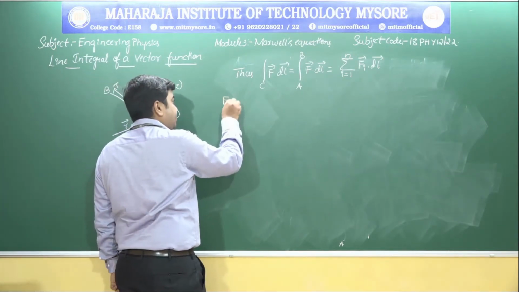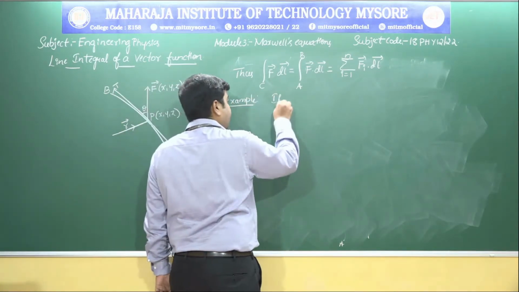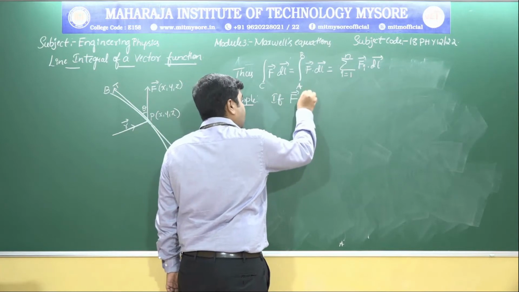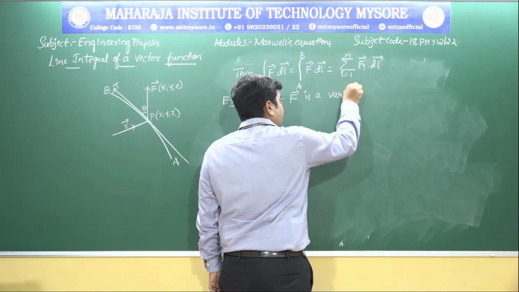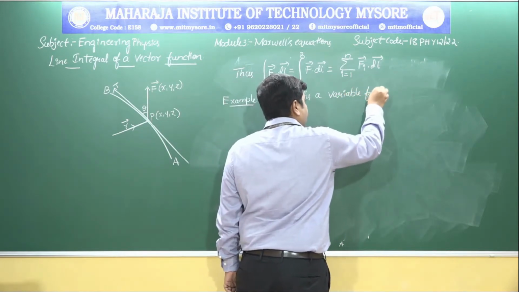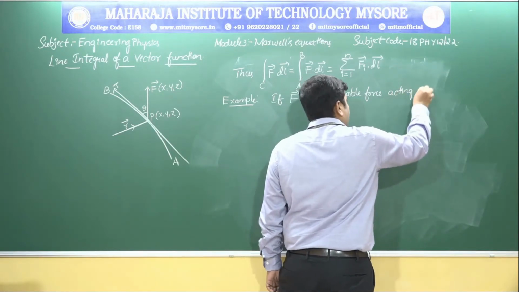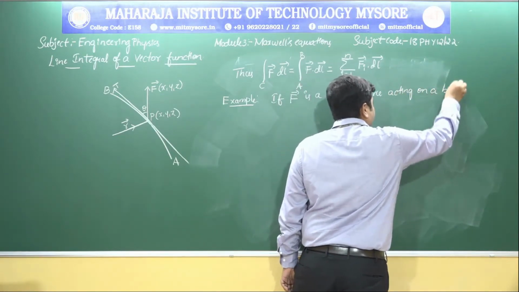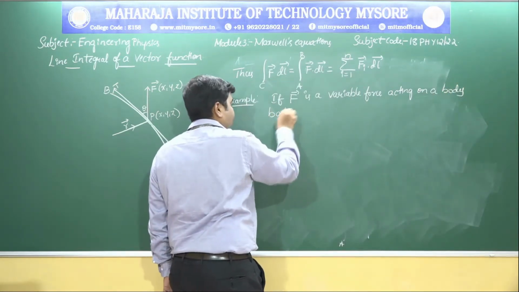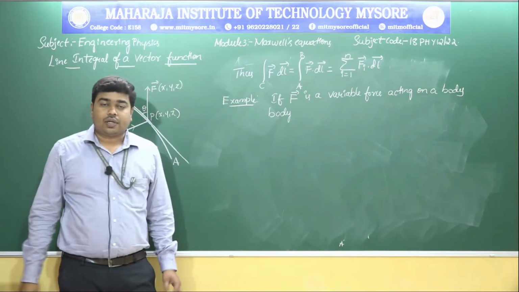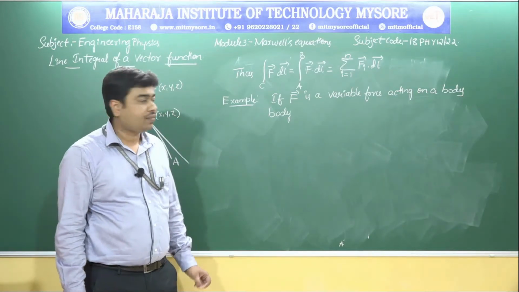Example: vector f is a variable force acting on a body. So let us consider a vector f as a variable force which is acting on a body.